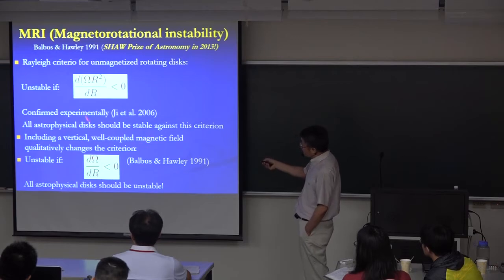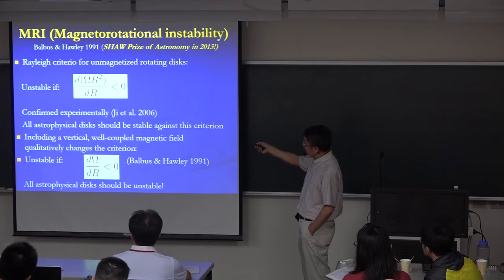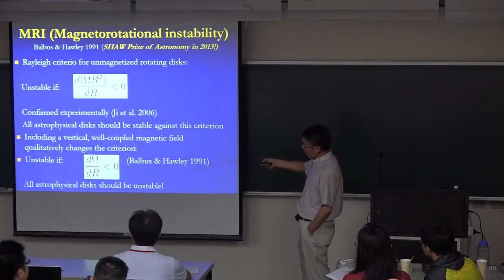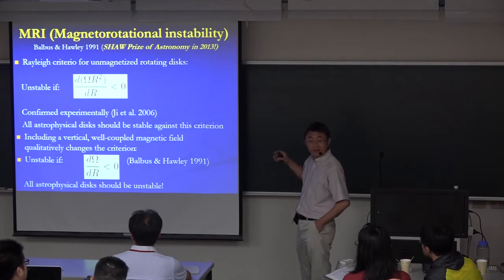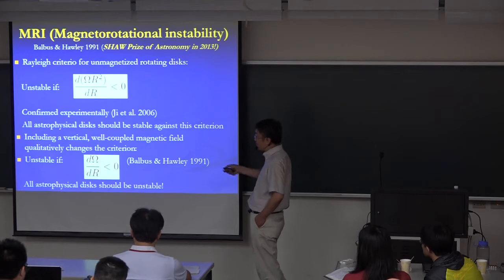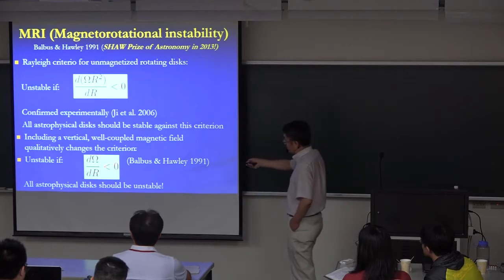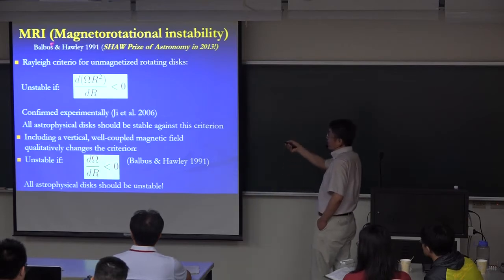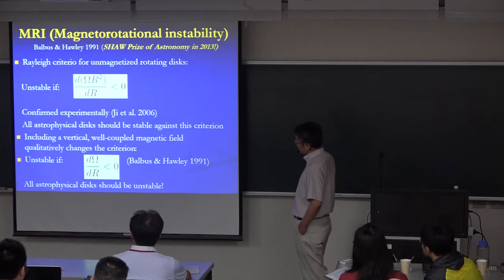In this case, this criterion will be changed into this one. So you can see the difference. This is called differential rotation. This means at different radii, the specific angular velocity is different. This is exactly the case for a Keplerian disk. A Keplerian disk satisfies this equation. So in this case, we will have MRI, magnetorotational instability.